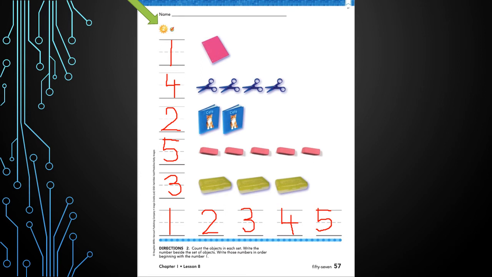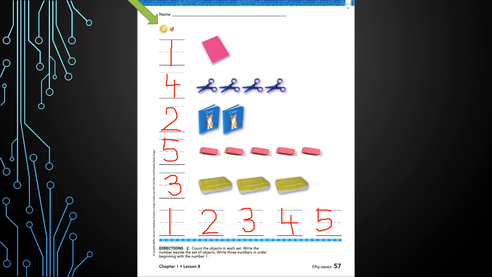But that's not the counting order. Is that how we count? No. How do we begin our counting? We start counting by 1. Then what comes after 1? 2. Then we write 2. Then what comes after 2? 3.